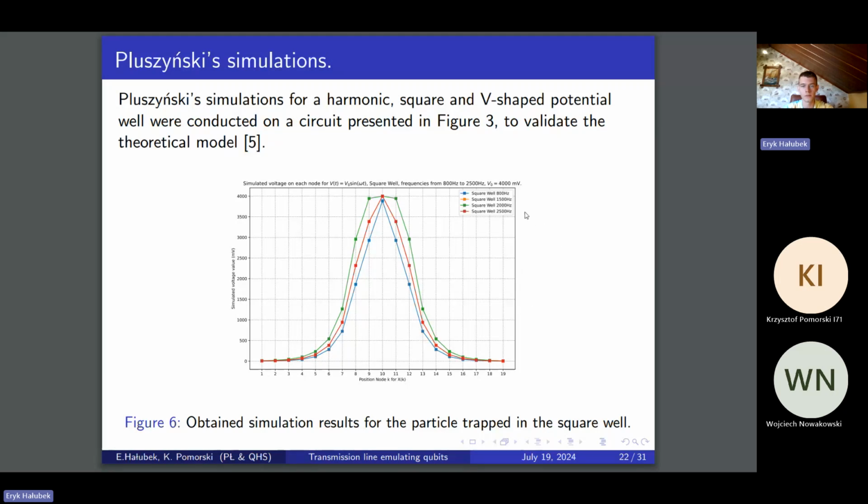So we have frequencies 800 hertz, 1500 hertz, 2000 and 2500 hertz here. And we can see that for 2000 hertz, this curve is the most similar to the cosine function, because this simulation was conducted for the square wave.